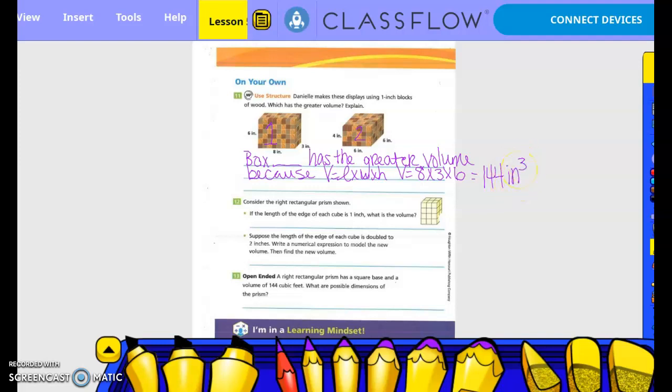The next one would be volume equals 6 times 6 times 4. And once again, is this 24 times 6? So it's the same thing, right? So 144 inches cubed. So we need to go back and fix this, and we would say both boxes have, and not has, right?